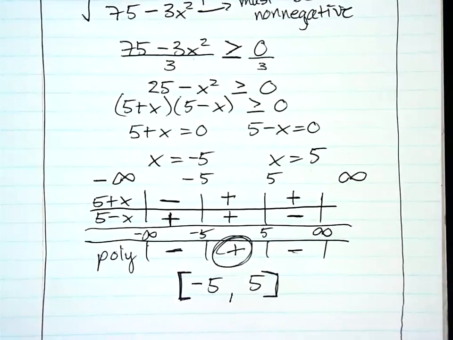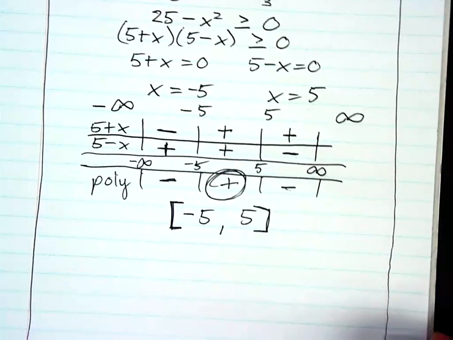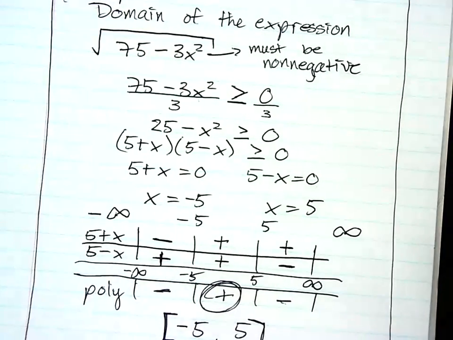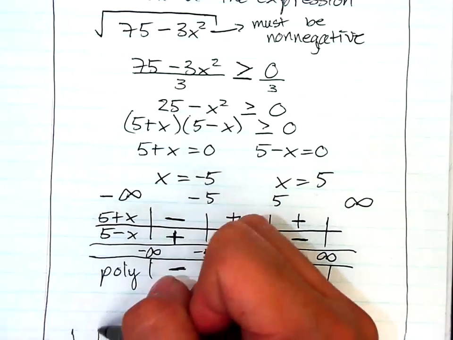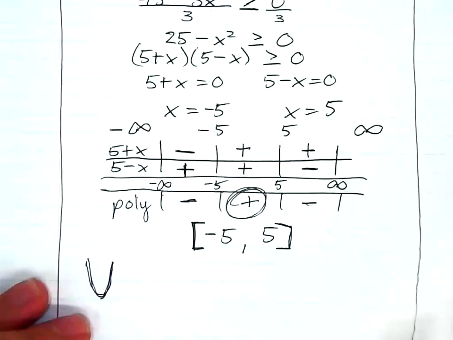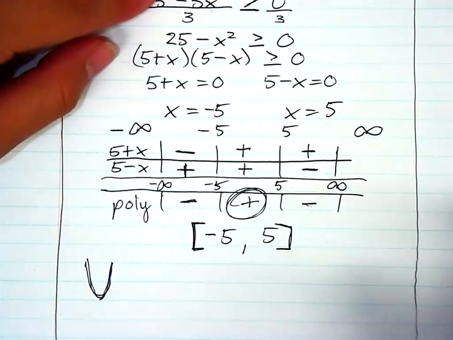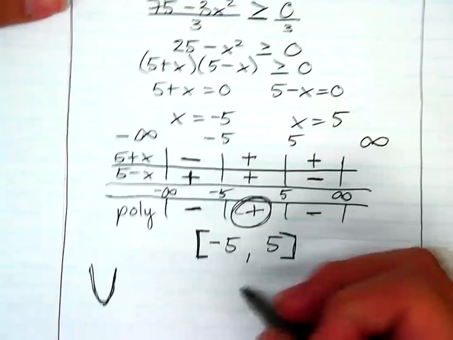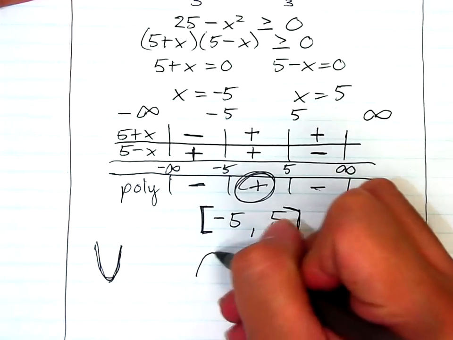Now, if you guys think back to your parent functions as well as all these transformations, you realize that this is a parent function, the x squared, so a parabola. What you should also notice is that it was multiplied by negative 3, which means it's going to be flipped over. So it's got to look something like this.